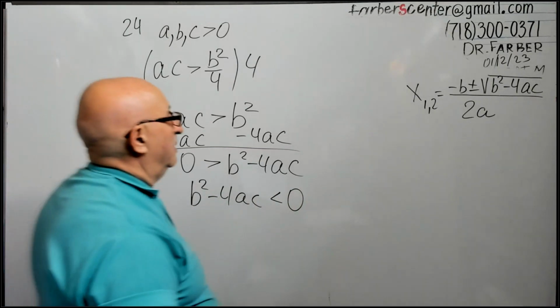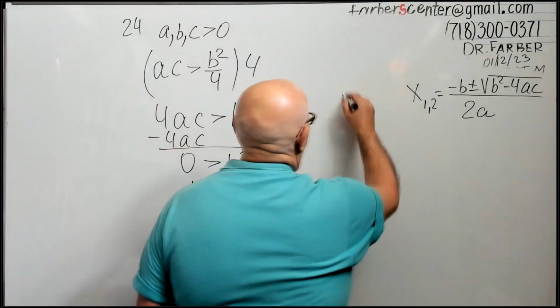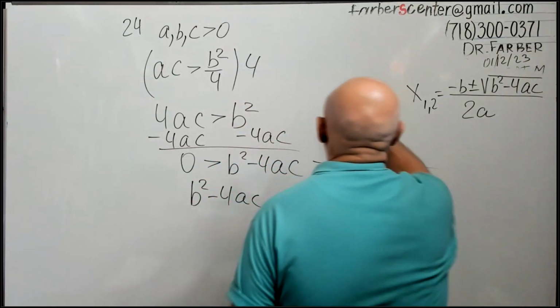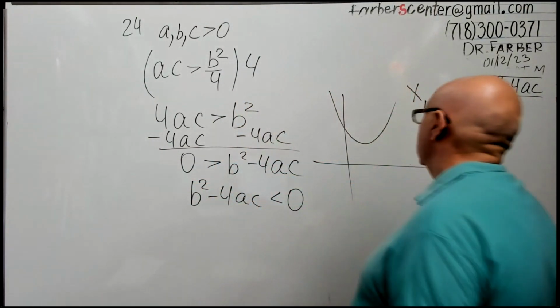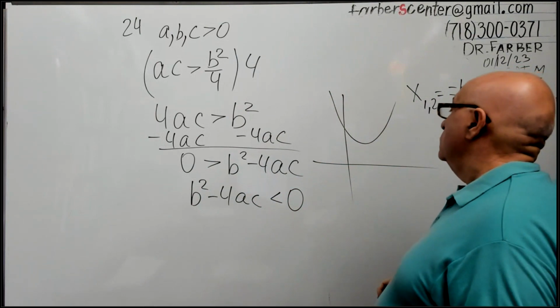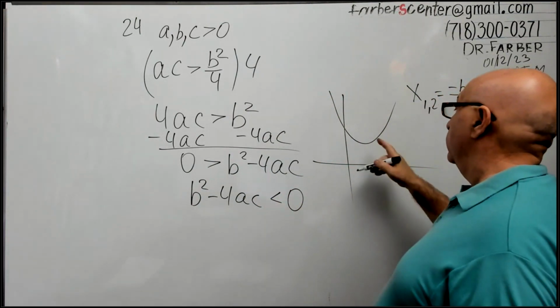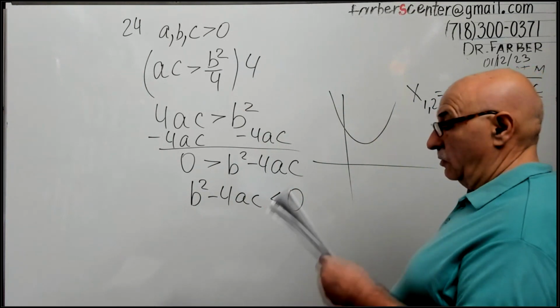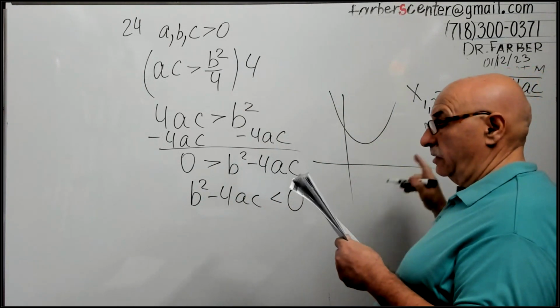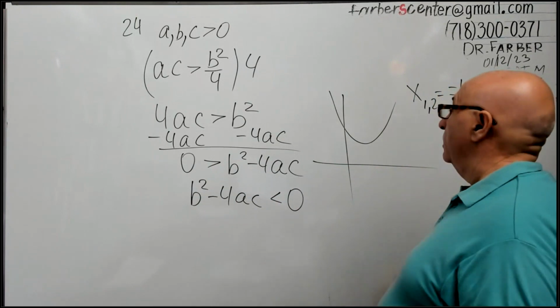It means the parabola never intersects the x-axis. For instance, schematically, it goes like this, since you can't take the square root of a negative. So it goes like this. It means they ask you how many times it intersects the x-axis: 0 times, because it's above.